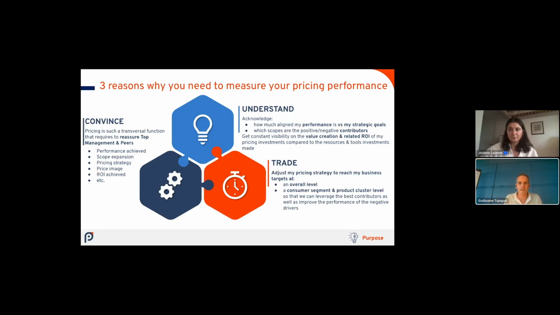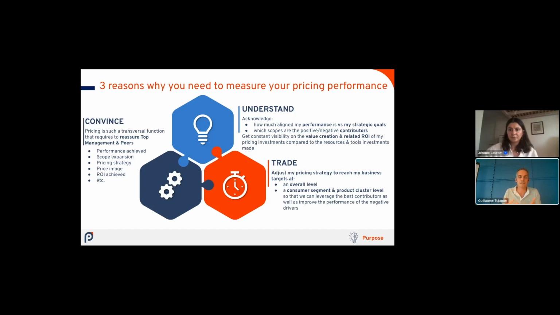The second reason why we are willing to measure this pricing impact is because we need to be able to convince our peers, our top management, our stakeholders. Indeed, the pricing function is a very transversal function, whereas all of the other functions are mostly vertical. The reason why we say that pricing and revenue management is a transversal function is because it is impacting all of the other ones.